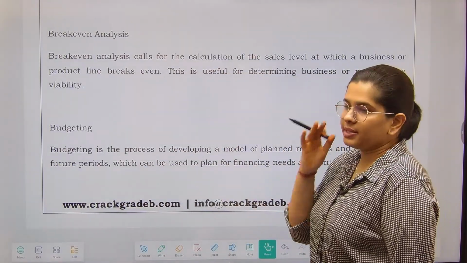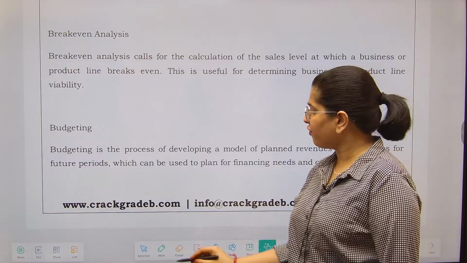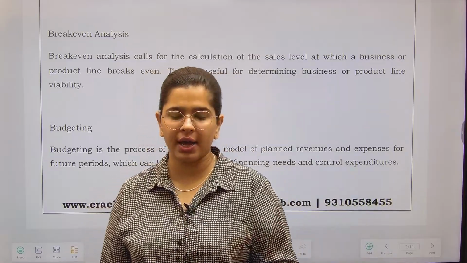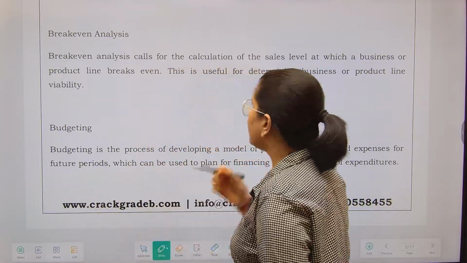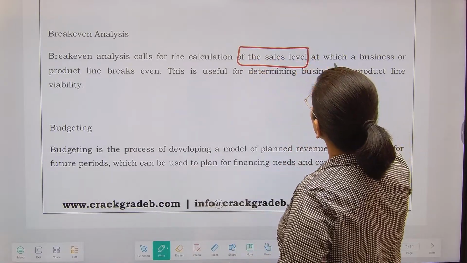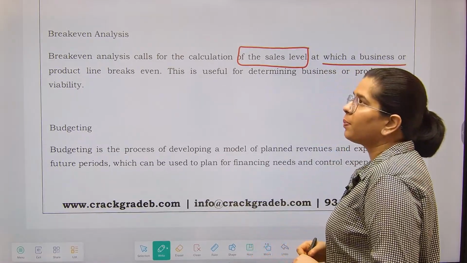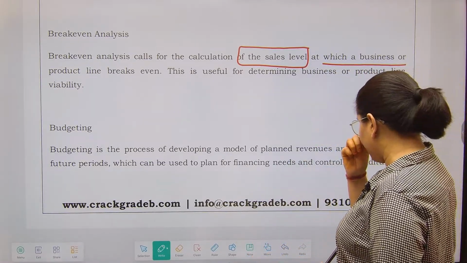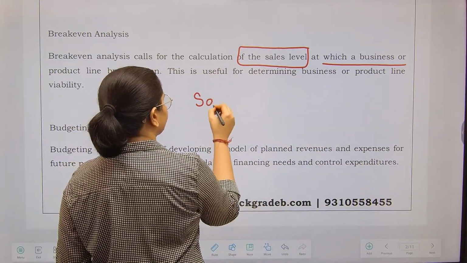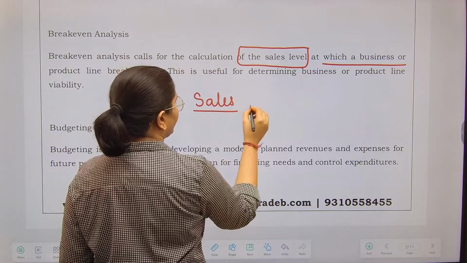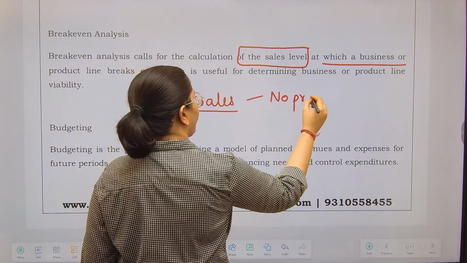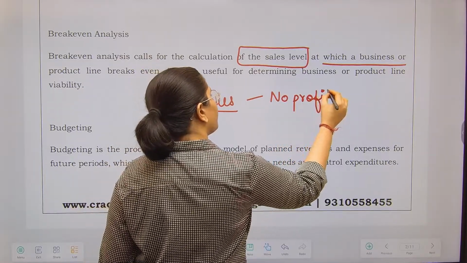This is break-even analysis. See, break-even means the situation of no profit and no loss. ऐसी situation जहां ना तो profit हो रहा है ना loss हो रहा है. Break-even analysis calls for the calculation of sales level at which a business or the product lines break even. That means the sales at which there is no profit, no loss.